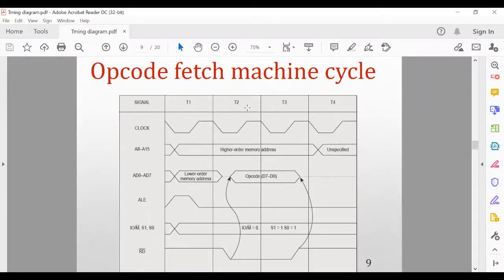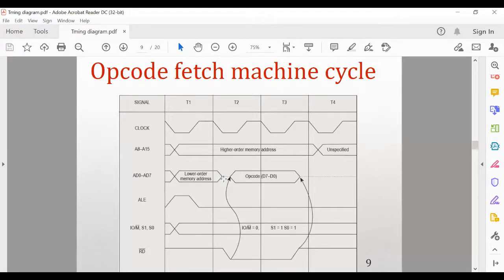So at the T2 state, what happens? The multiplexed lower order address bus is now changed to the data bus. So the lower order address in this bus is removed by the processor, and it takes a certain amount of time, which is called the high impedance state.